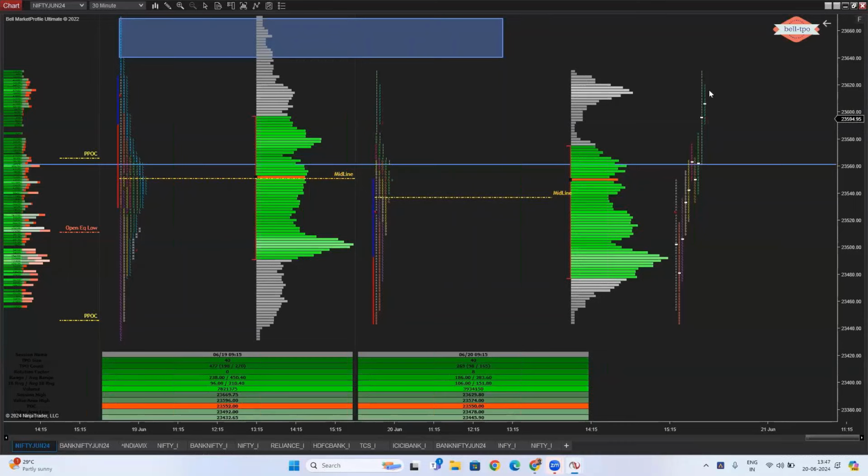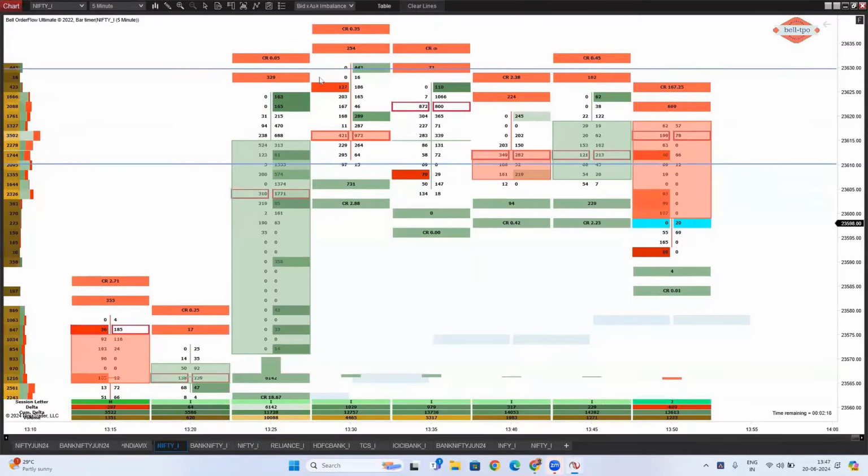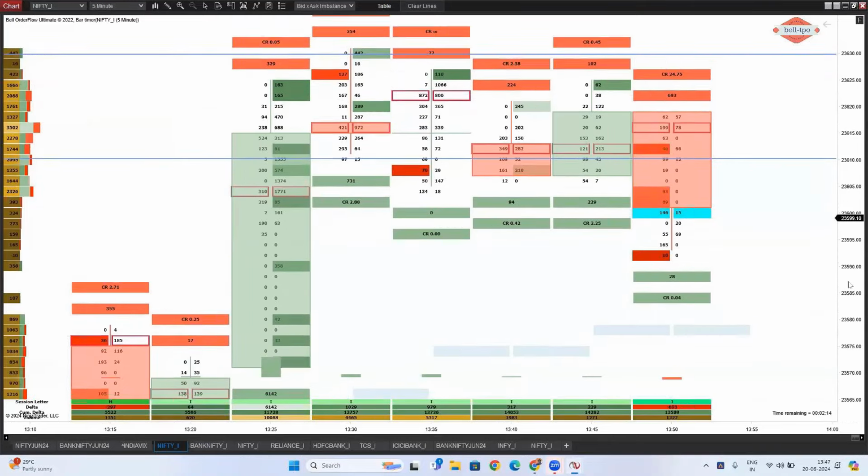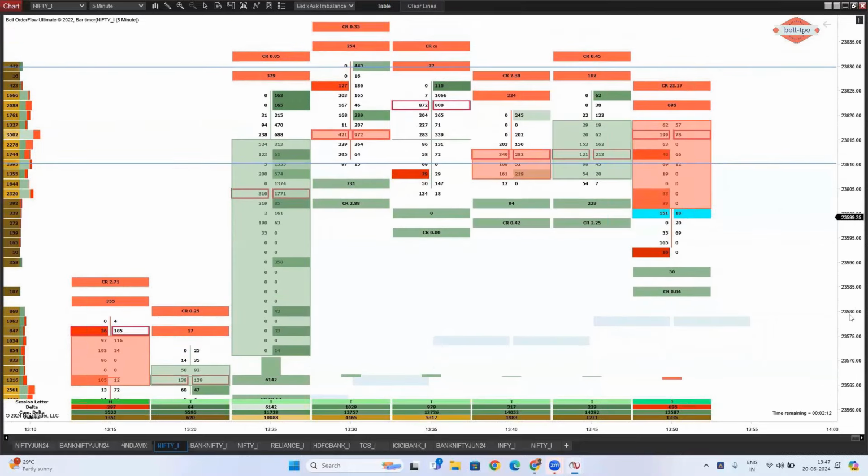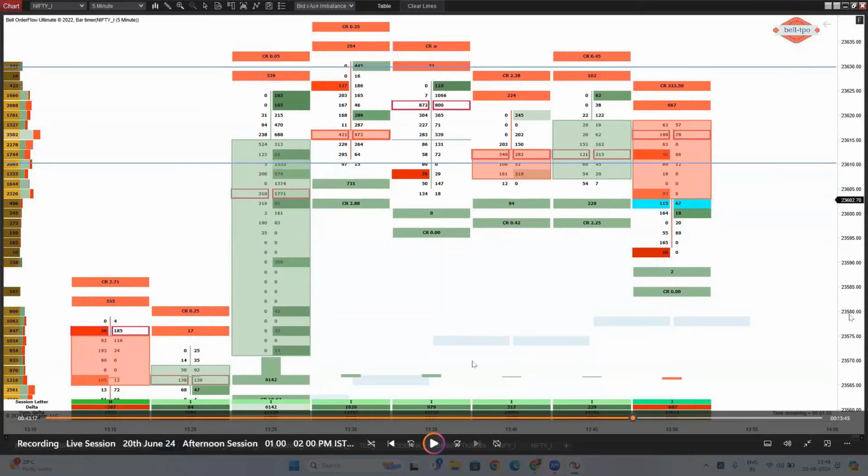Look at that, the tails are very small, and still the order flow pattern remains the same, which is very important. Let me pause the video here.